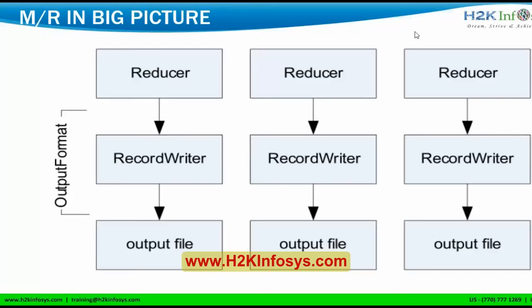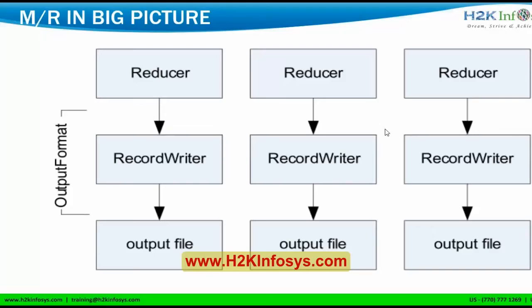This record writer and record reader are nothing specific to our Hadoop system. They are just Java programs, right? Internally all these functionalities are written in Java code only. So if you want to override those things, you have to extend those Java programs so that you can build your own.